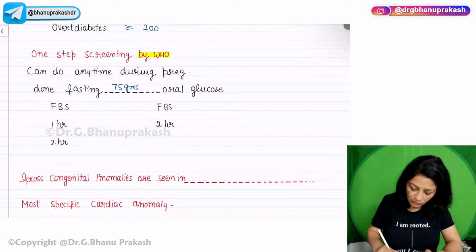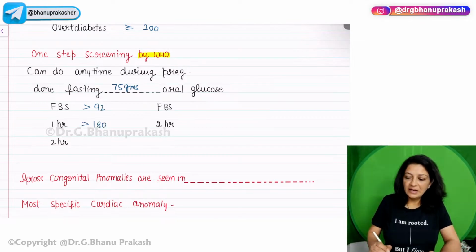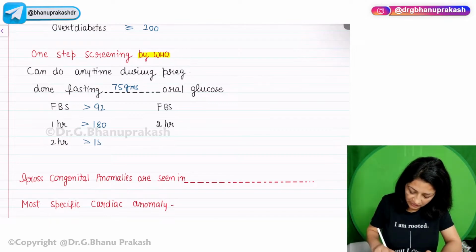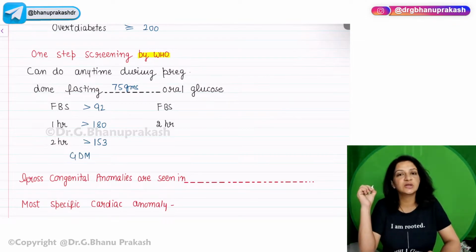If the fasting value is more than 92, after 1 hour more than 180, and after 2 hours more than 153, then it is the diagnosis of GDM according to WHO.